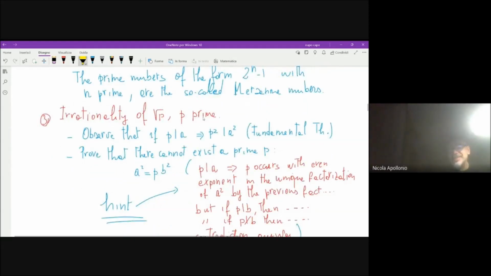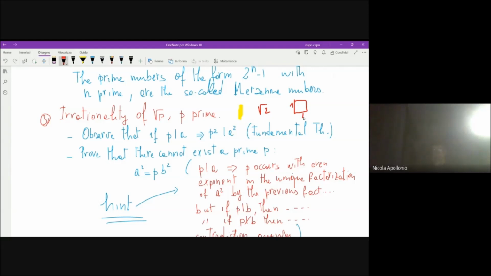And something more you can prove. Maybe you know the story about the suicide of Pythagoras, when he got to know about the irrationality of the diagonal of the square of side 1.